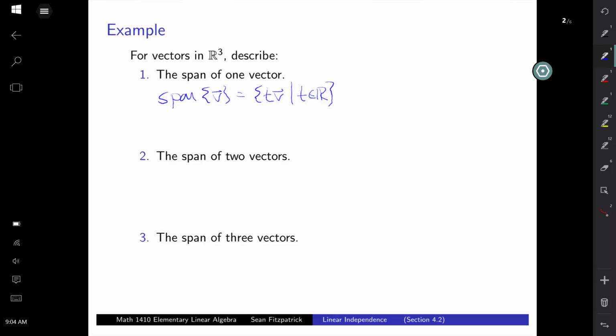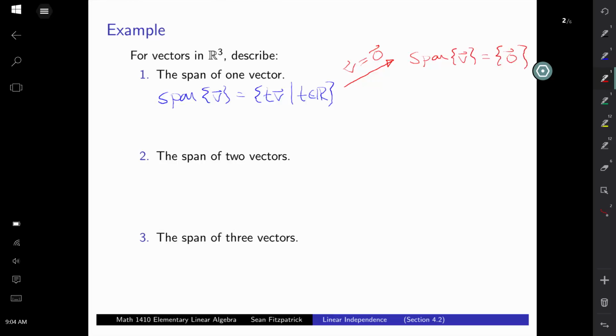But there are two possibilities here. One is that, well, what if V is just the zero vector? I didn't say anything about what V is. V could be the zero vector. If V is the zero vector, then what is this span? The span of V has nothing in there but the zero vector. That's the only vector in the set.